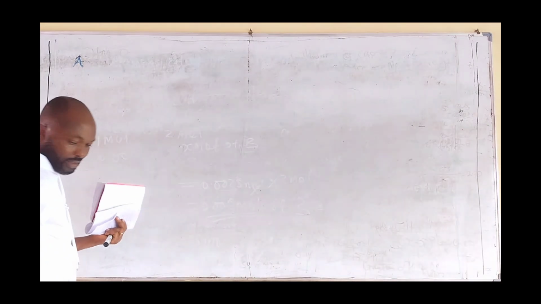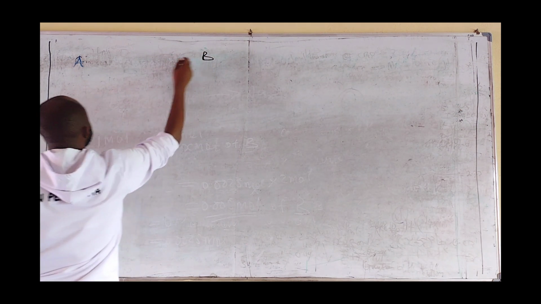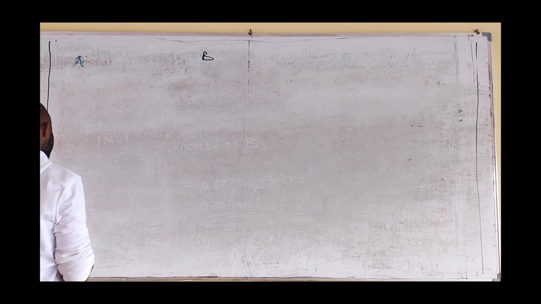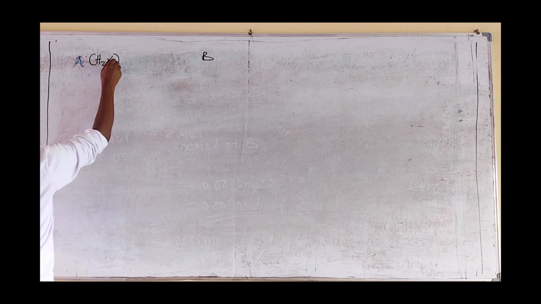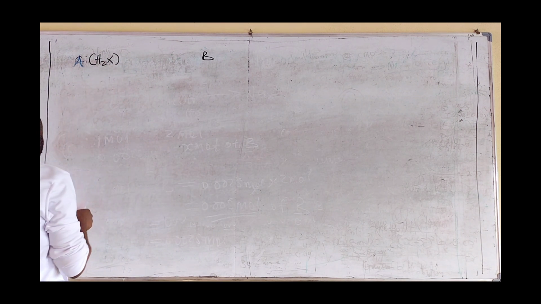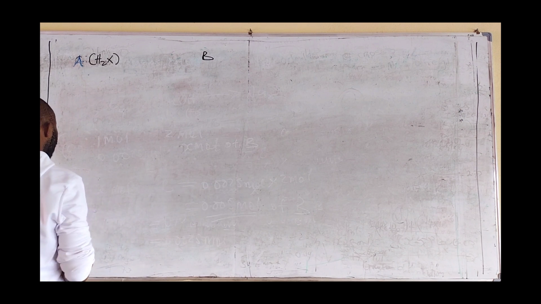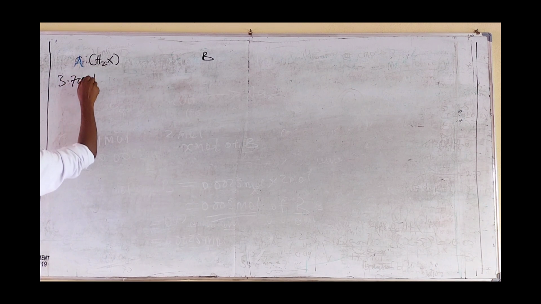A for acid, and here is our B for base. Now, A is a solution containing the acid, H2X, and it is 3.70 g/dm³, the acid.